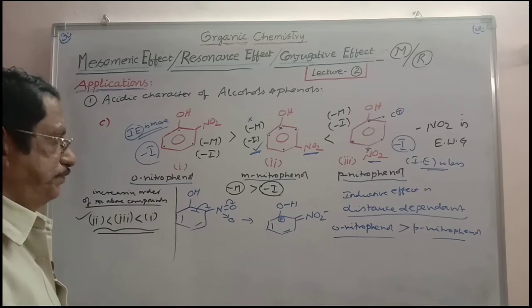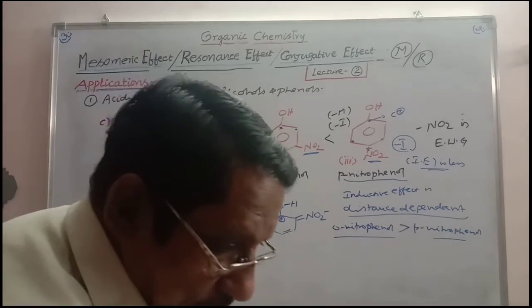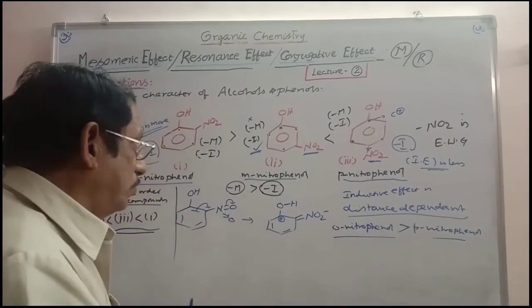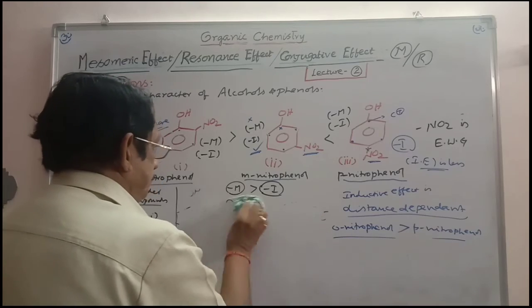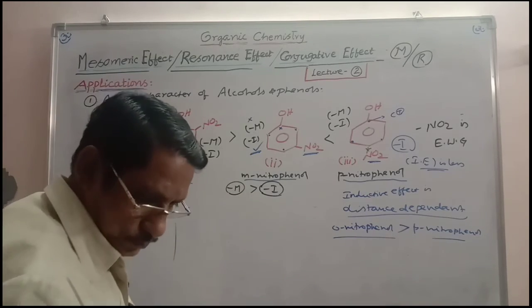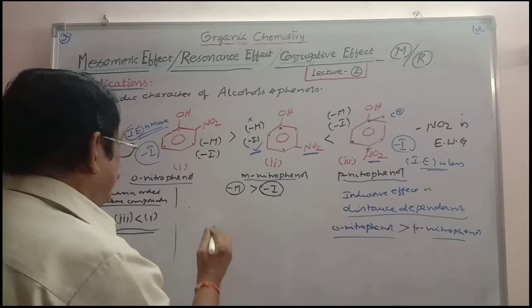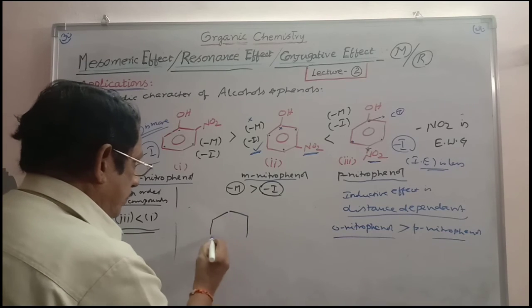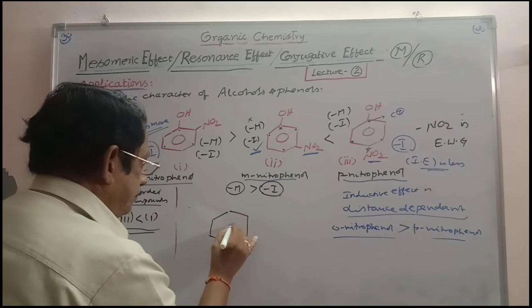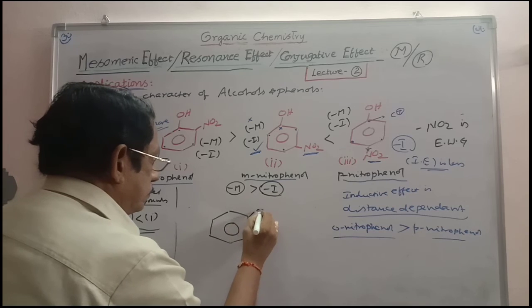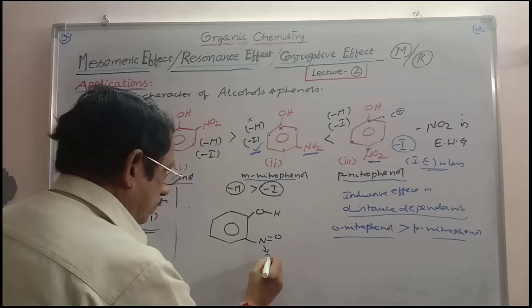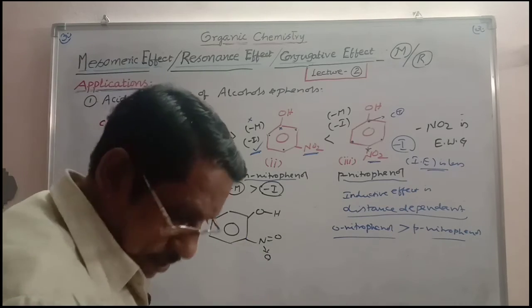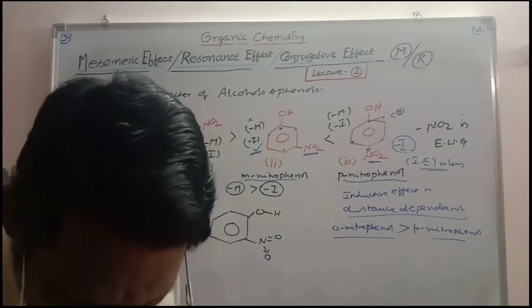It is true. But one point at this stage we have to consider. What is that point? In the case of orthonitrophenol, the two groups are very near to each other.